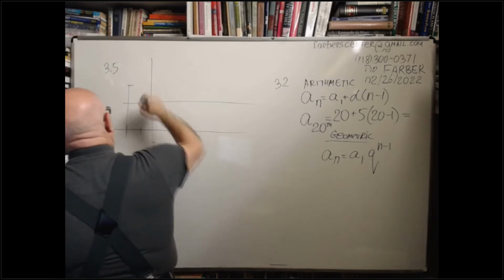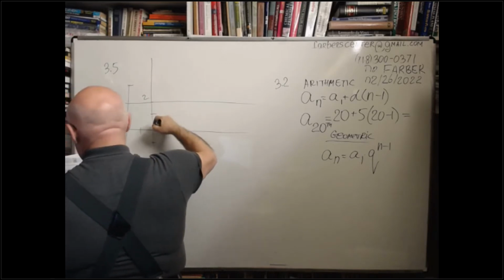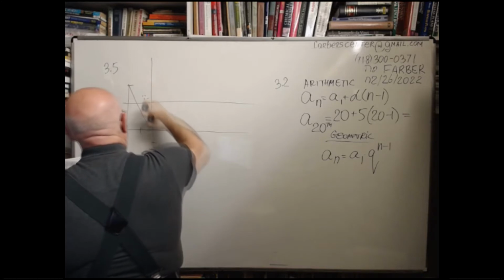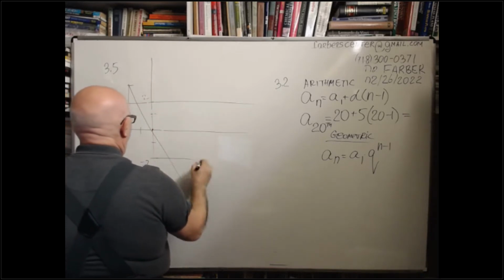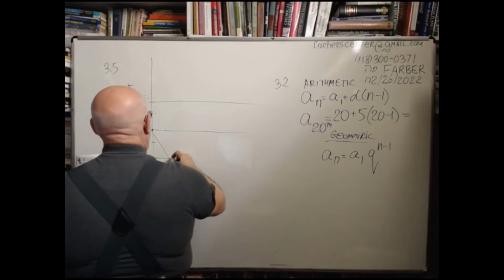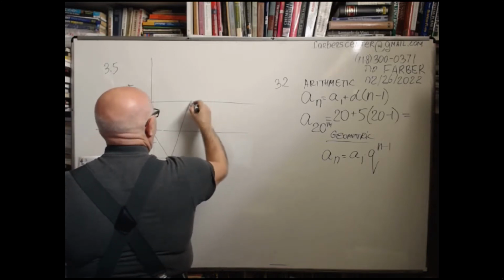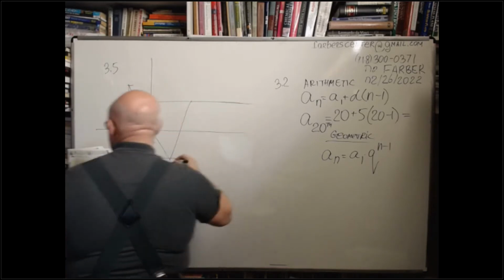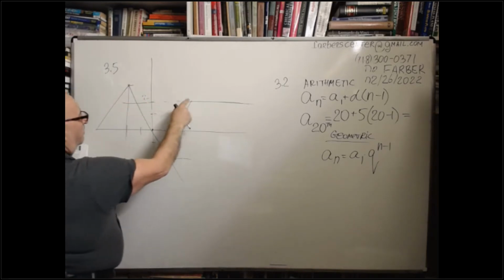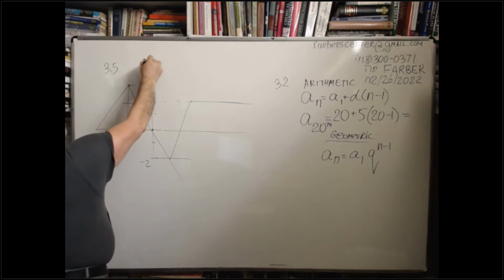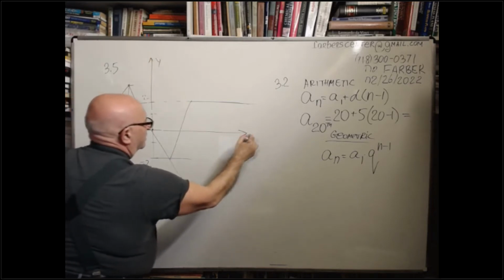And this is like kind of 3. And this goes to the origin. After that it goes like this and like this, and we have this graph. This is y, this is x.